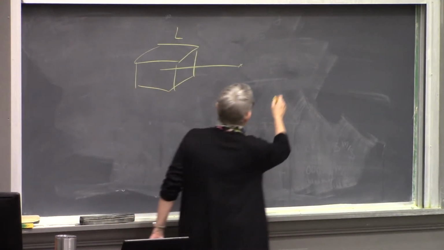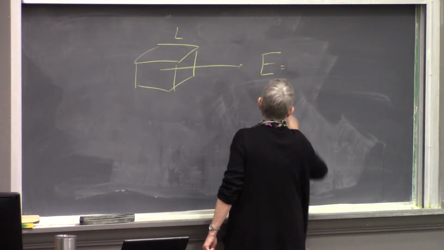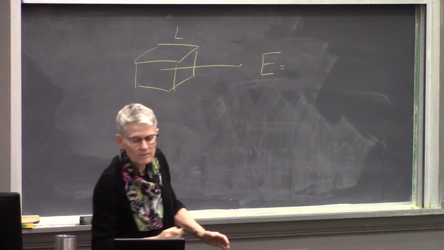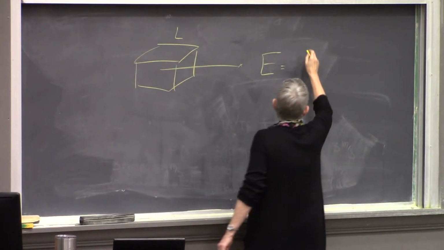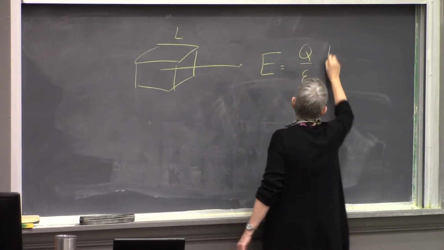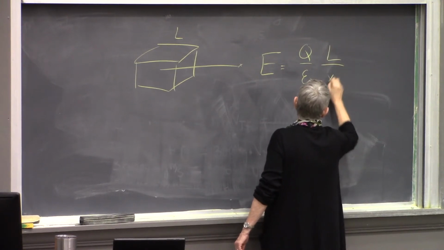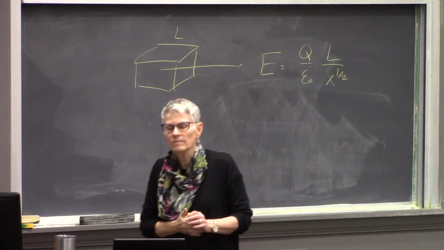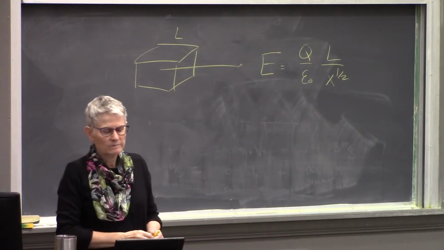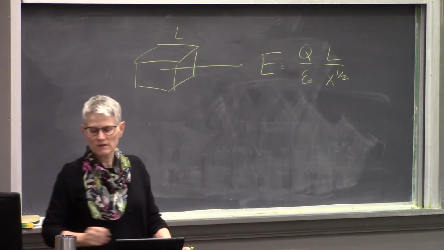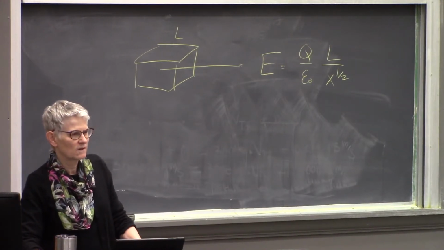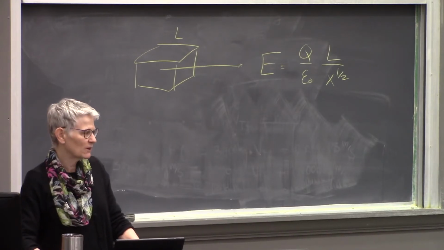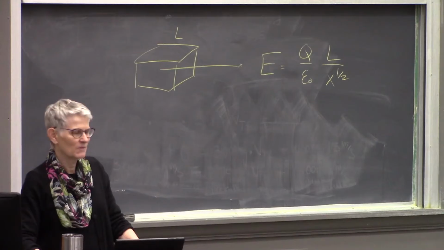And you find an expression for the electric field of the cube that is Q over epsilon 0 L over the square root of x. Is that a plausible expression for electric field?